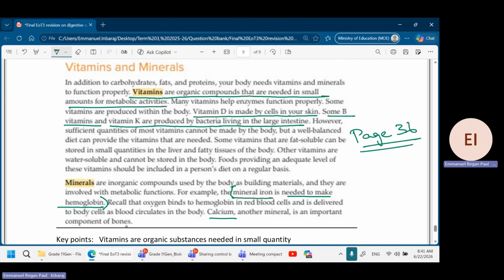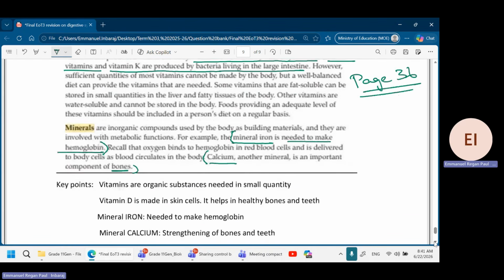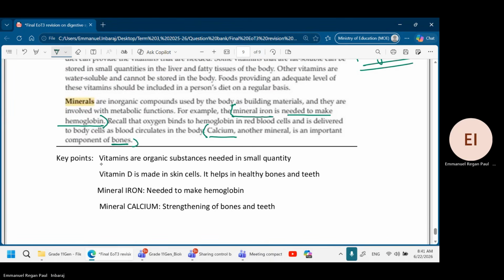Calcium is important for bones. If you have less calcium, your bones will be very soft and brittle, and will break easily. From this page, what are the things that you need to study? Key points: vitamins are organic compounds needed in small quantity.